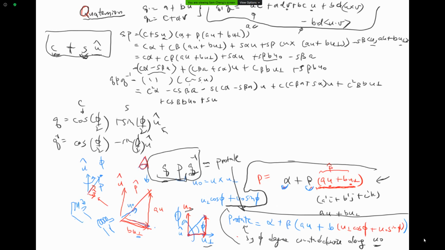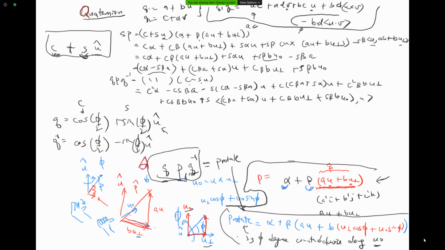So I have S plus S C beta A alpha U plus C beta B U perpendicular plus S beta B U naught, and the whole thing inner product with U. So that's only partial, not finished actually. That's only for this term here.